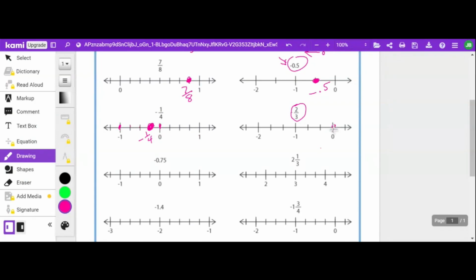How many hash marks from 0 will I move? Okay, correct. We start at 0. Since it's 2/3, we move 2 hash marks, and so negative 2/3 is right there on the number line.